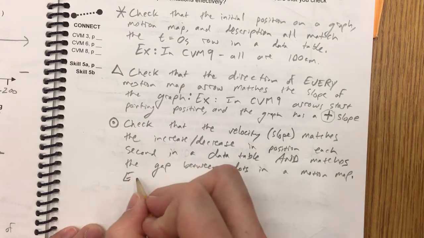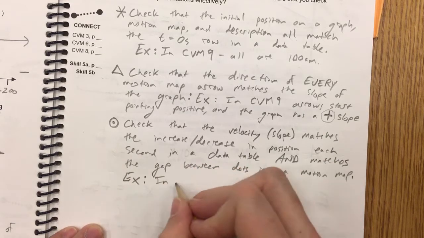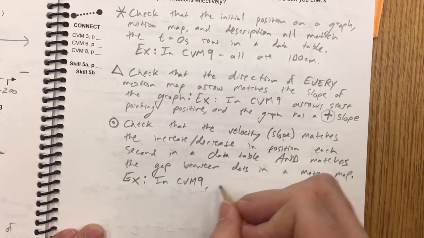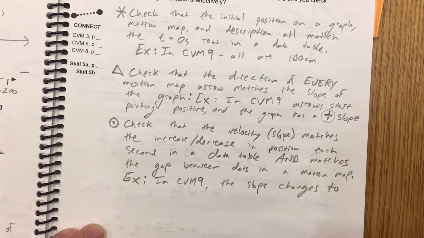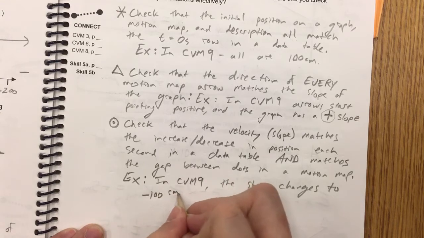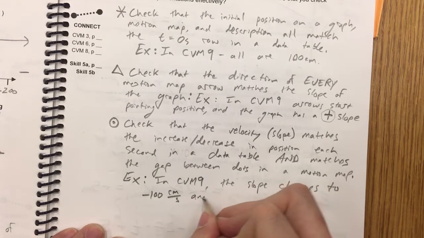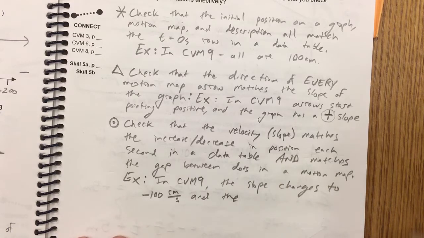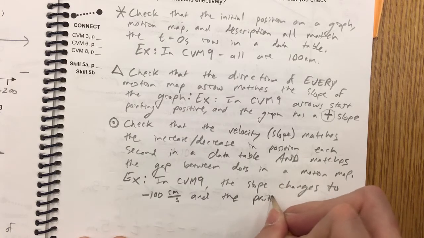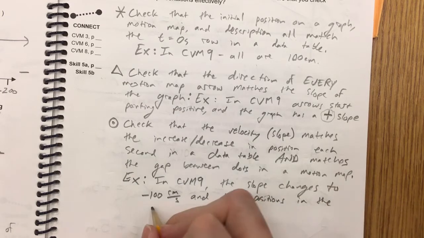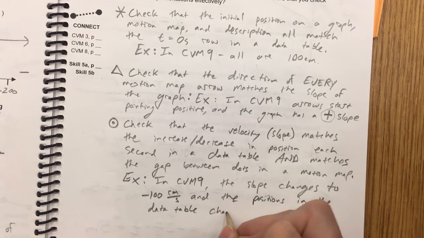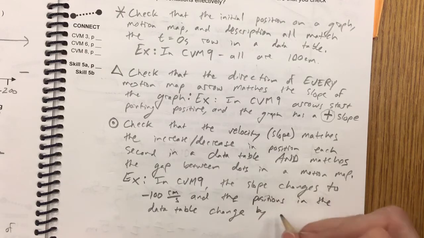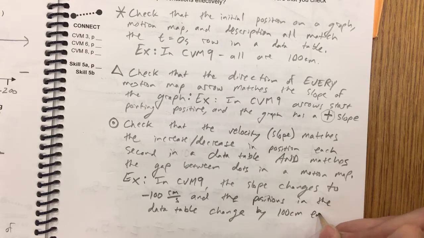So, for example, in CVM 9, the slope changes to negative 100 centimeters per second, and the positions in the data table change by 100 centimeters each row.